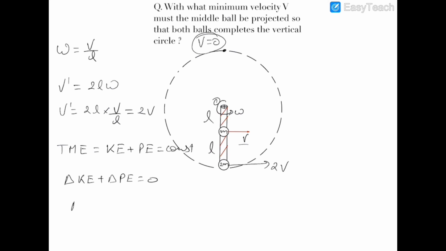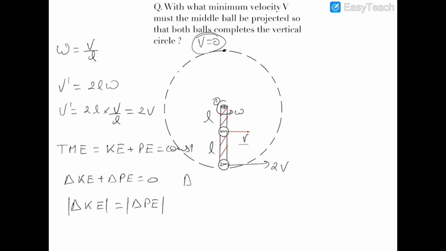In magnitude, the change in kinetic will be equal to the change in potential, which means that if one energy decreases, the other one will increase. So we can say that in the lowest position shown, the kinetic energy is highest, and in the highest position the kinetic energy is 0.